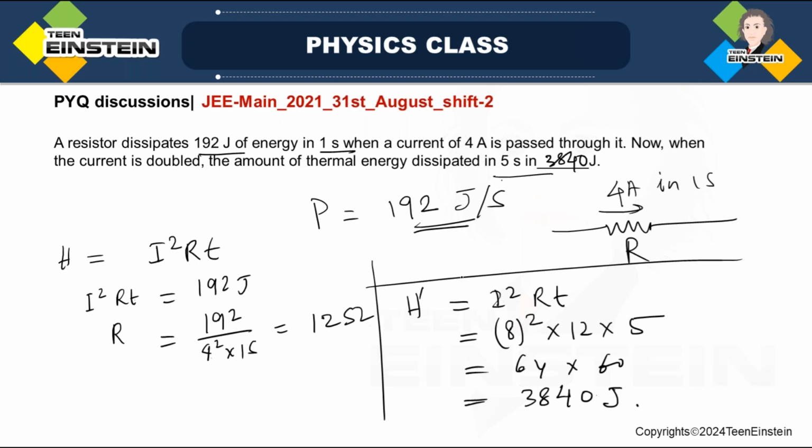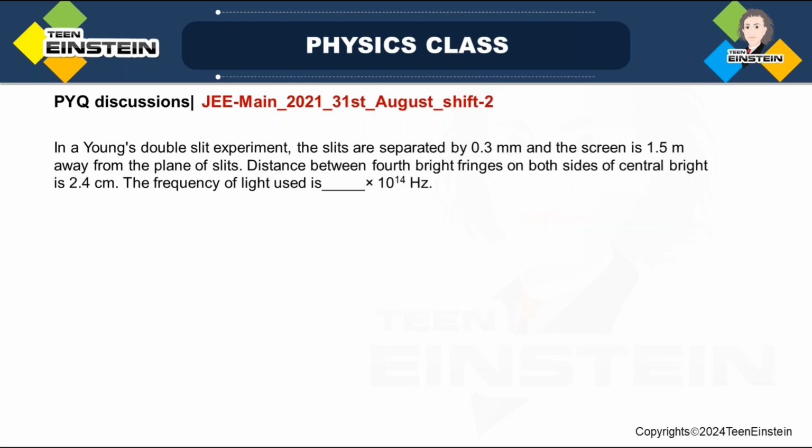Okay, so let us go to the next problem. This problem is again interesting. Let us see that. In Young's double slit experiment, the slits are separated by 0.3 millimeter. Let me write it down. 0.3 millimeter.